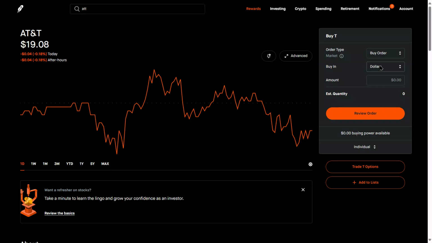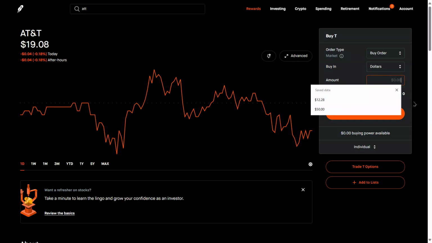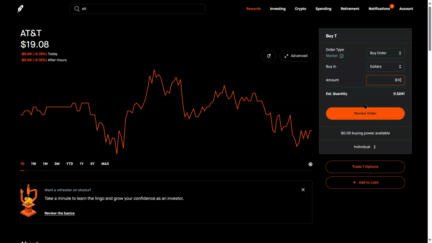You don't need the whole $19.08 to actually invest in AT&T. You can invest $10 worth of AT&T. So you could go here and put in $10, and instead of getting a full share, because a full share costs $19.08, you're not going to get a whole share. You would get 0.5241 shares of this stock if you invest $10 in it.